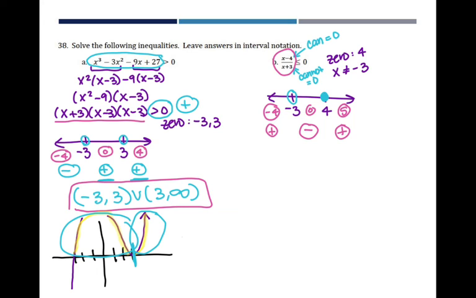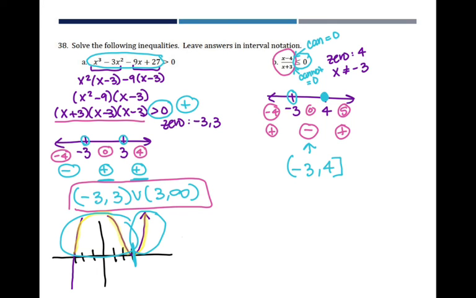And going back to my inequality, I wanted the piece that was less than or equal to 0. So that means I want this interval. So I'm going to go ahead and write out my interval. It goes from -3 to 4, inclusive on the 4, but parentheses around the -3, since that -3 came from the denominator.